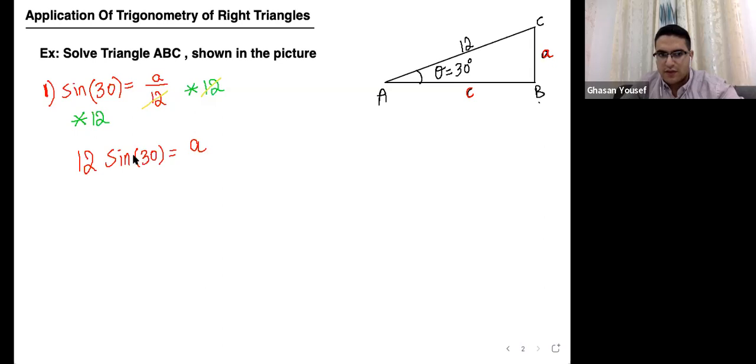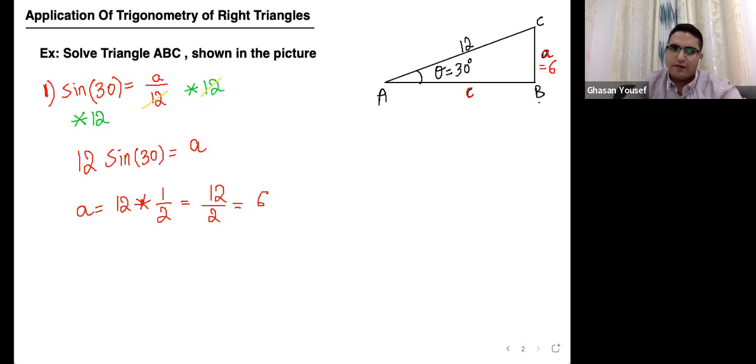So the sine of 30 by using the table is 1/2. So the value for a equals 12 times 1 over 2. This is equal to 12 over 2, and this is equal to 6. So the value of a is 6.